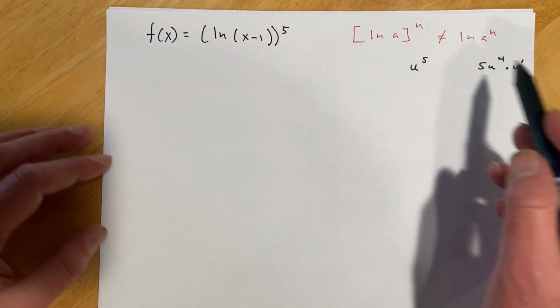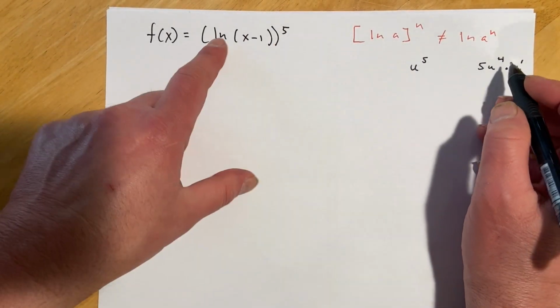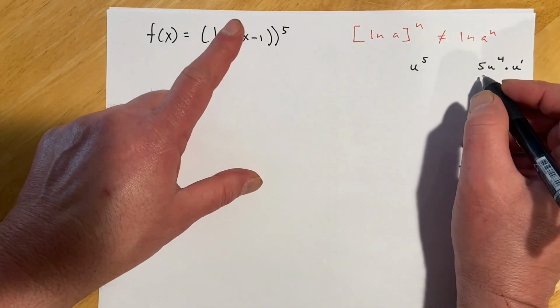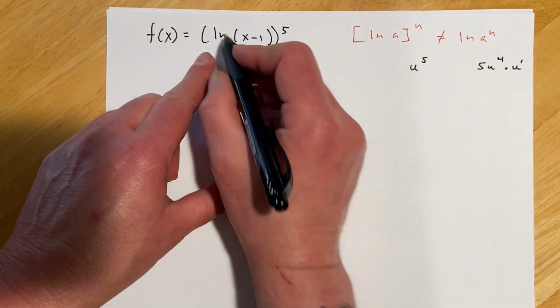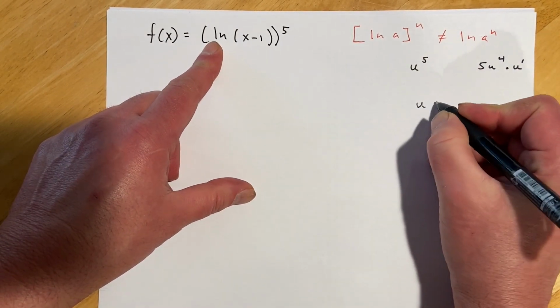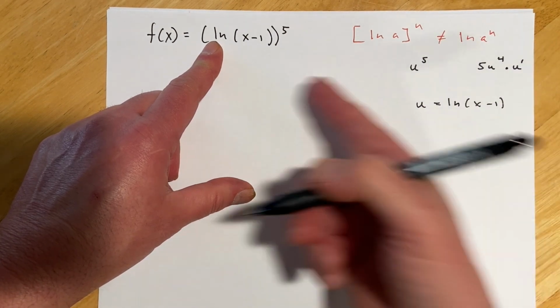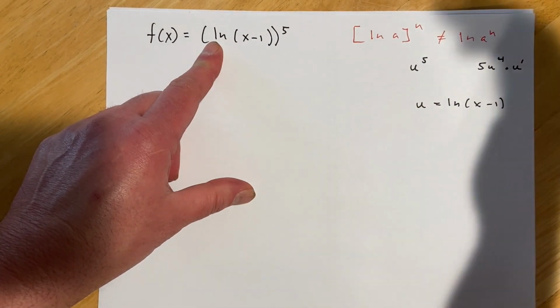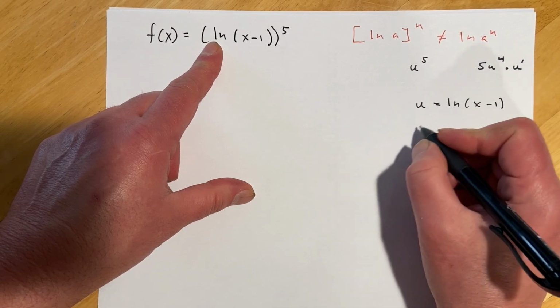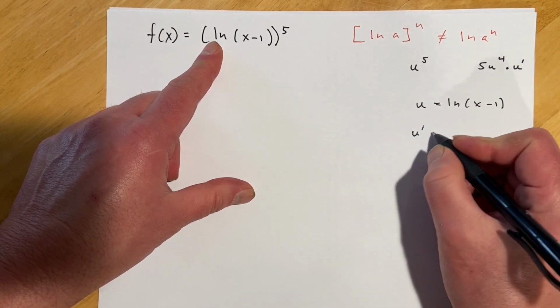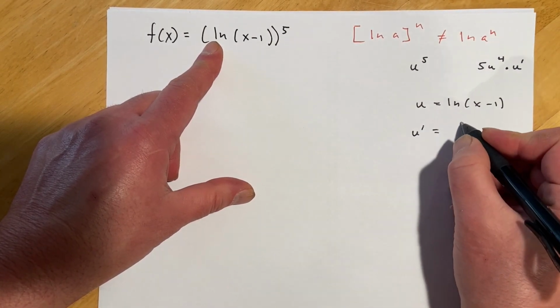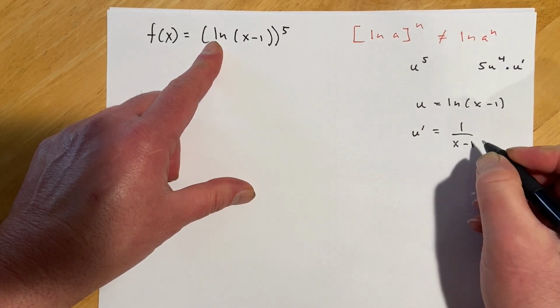That would be our chain rule with the power. So if u is this ln x minus 1, I think in the notes I've been calling it g of x, I just happen to call it u in this example, then u prime equals 1 over x minus 1.